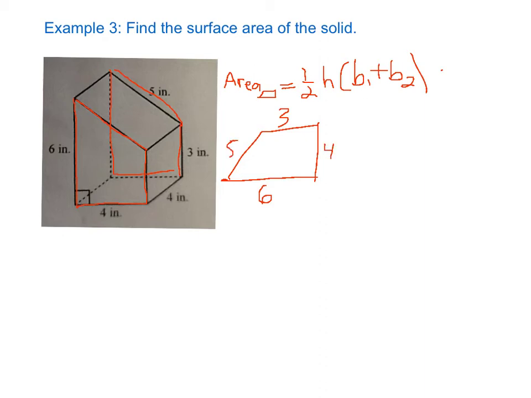So if we plug in what we know, we've got 1/2 times 4 times 3 plus 6. That gets us 2 times 9, which gives us 18 inches squared.